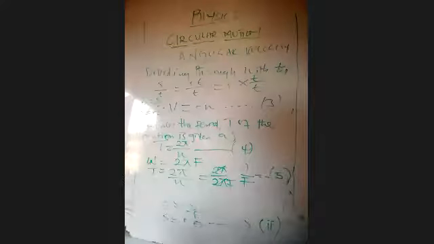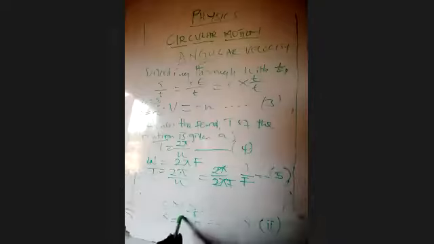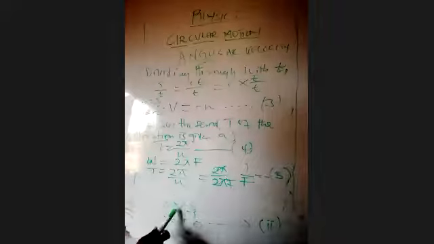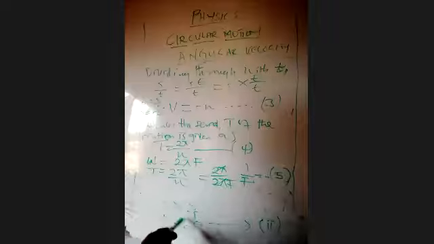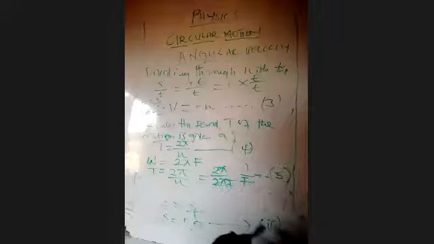And that was how we arrived at equation 2. Theta is equal to S all over R, so when we cross multiply, S will be equal to R theta. That was how we got equation 2.